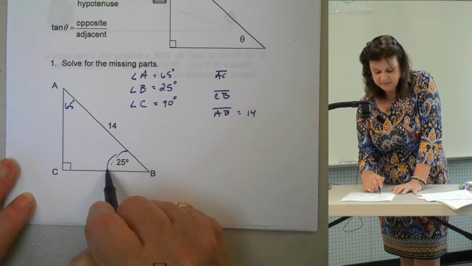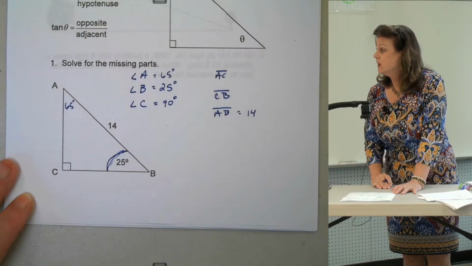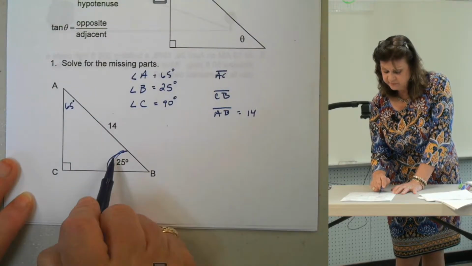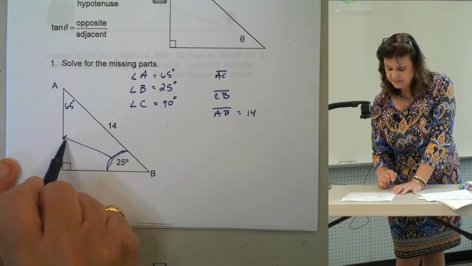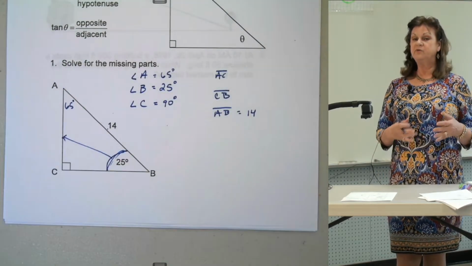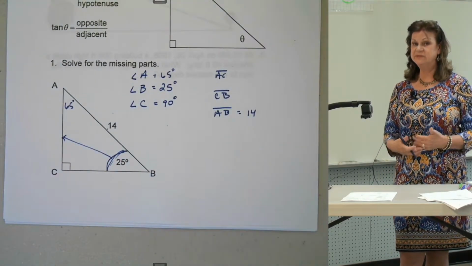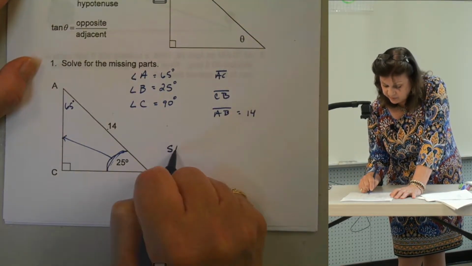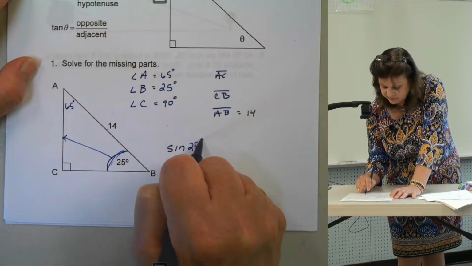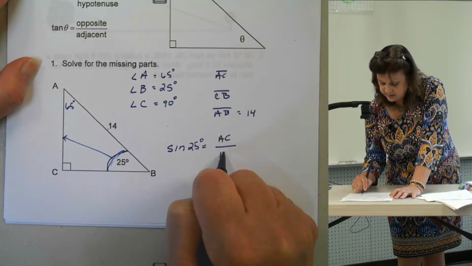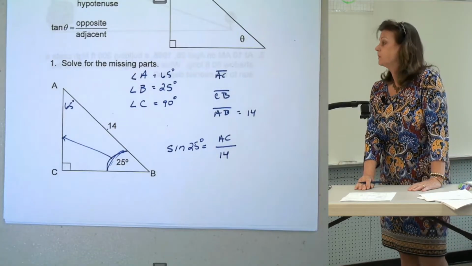And since they gave me the 25-degree angle, I'm going to start there. And I'm looking for opposite, and I have hypotenuse. So what trig function brings in opposite and hypotenuse? I know that the sine of 25 degrees is segment AC divided by 14.